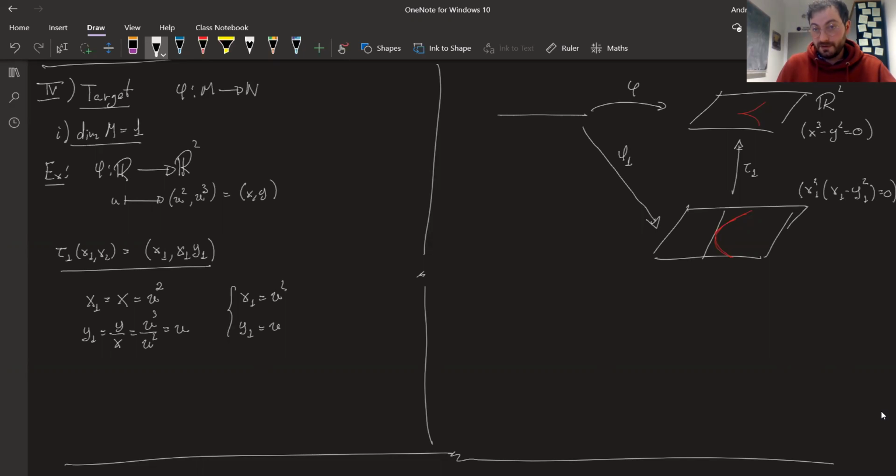In here, if the dimension is 1, every pullback of every ideal that you take here is going to be principal. So that's good. For the case of dimension 1 here, we can always, in a simple way, make this diagram work.